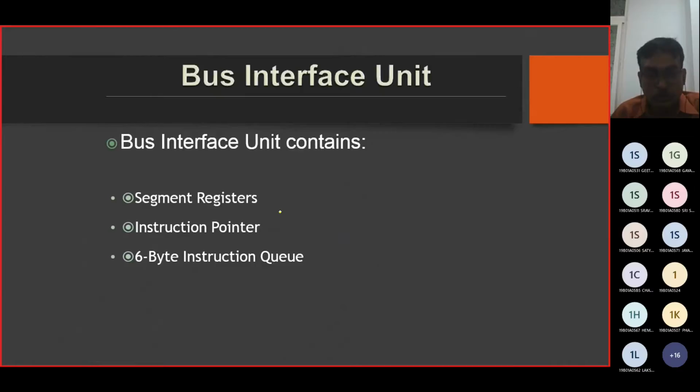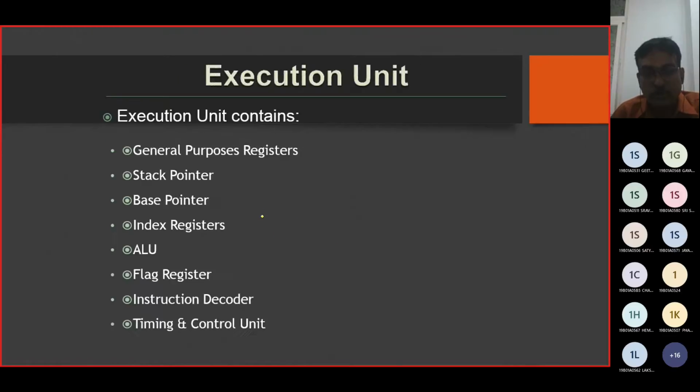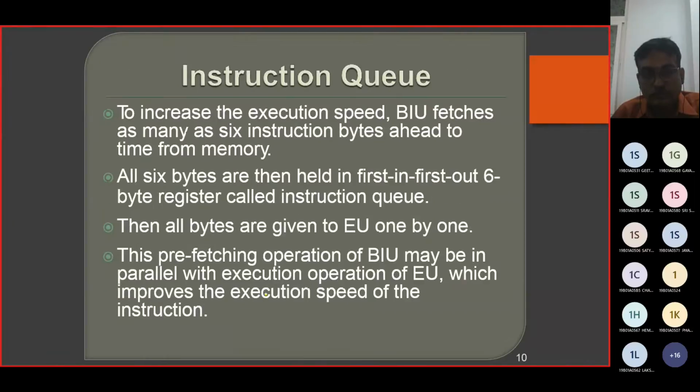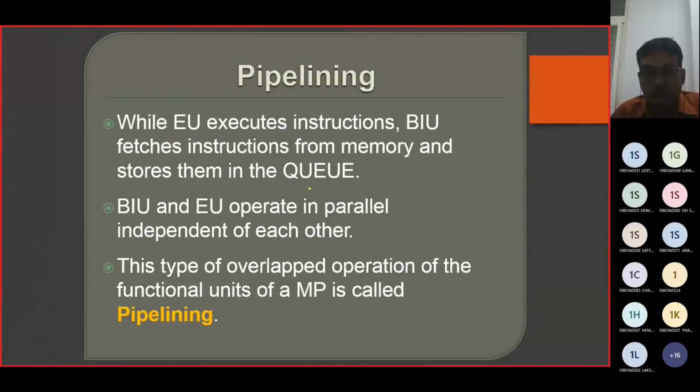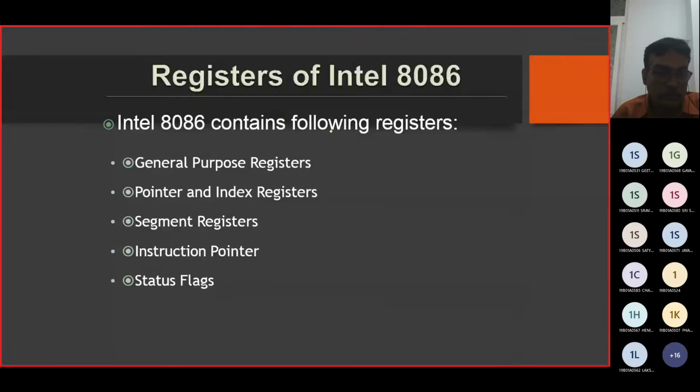Then we talked about the 6-byte instruction queue. To calculate the effective address, we use the instruction pointer. We discussed the segment registers, the pointer and index registers, the flag register, the instruction queue, and pipelining, which we discussed in earlier classes.